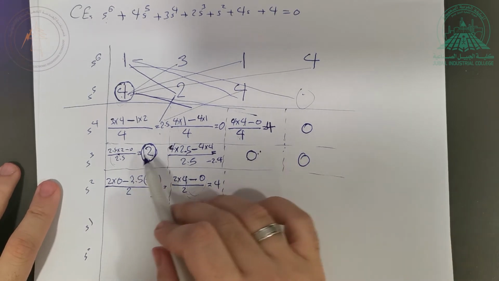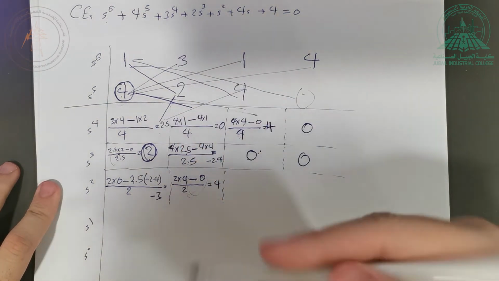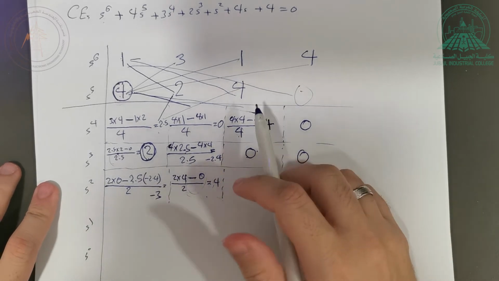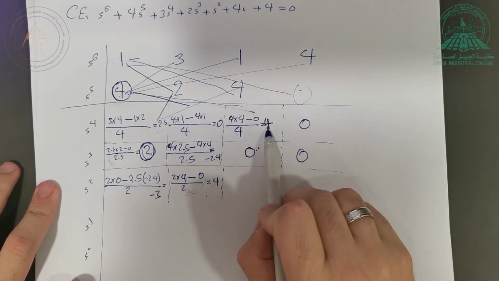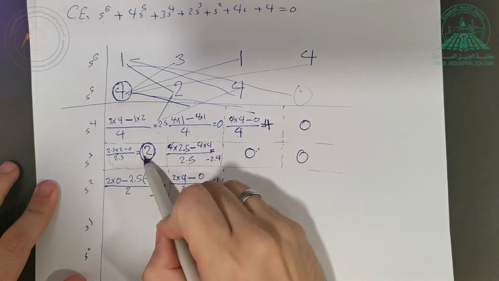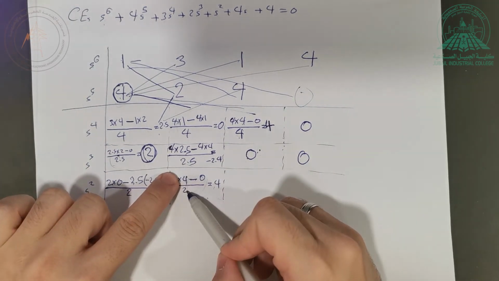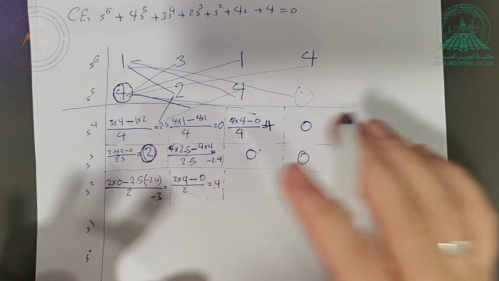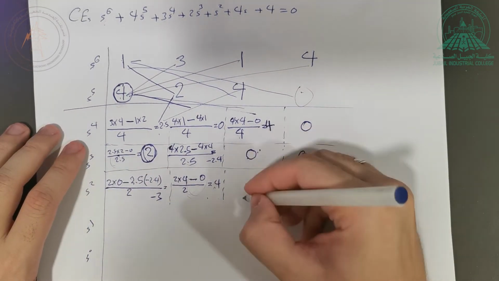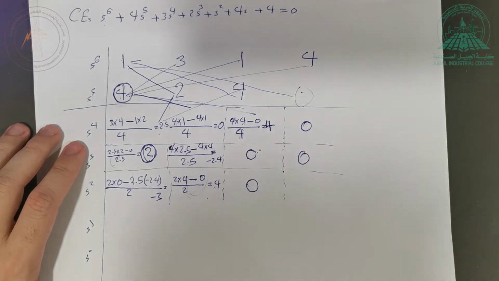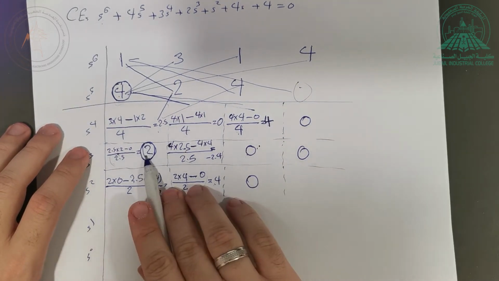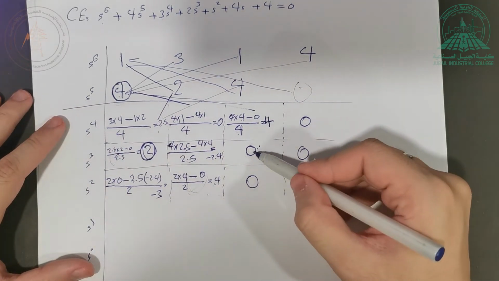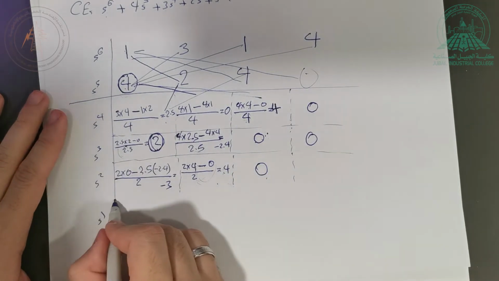I have 0 here, so this multiplied by this minus 0 automatically gives this value, and I can put it here. Why? Because it will always be this multiplied by this minus 0 divided by this, so it will always cancel with itself. So you can put this cell here right away, or just be on the safe side and do it. And what should I put here? Automatically 0, because it's 2 multiplied by 0 minus 0 multiplied by this, so 0 minus 0 gives 0. And again, if this is 0, this will always be 0.